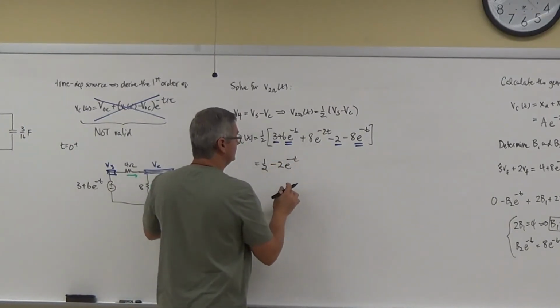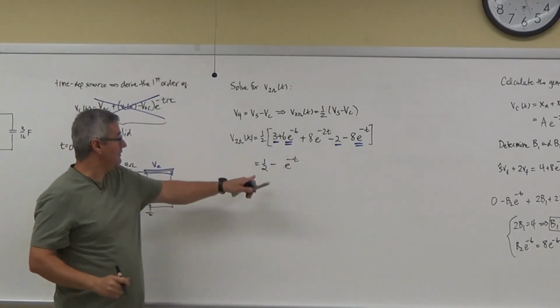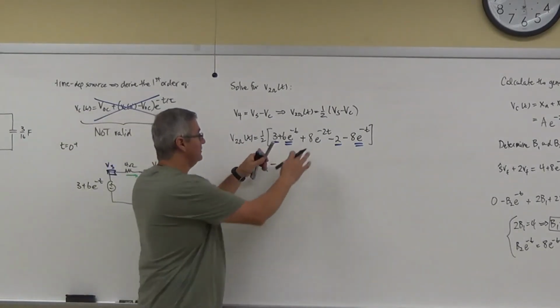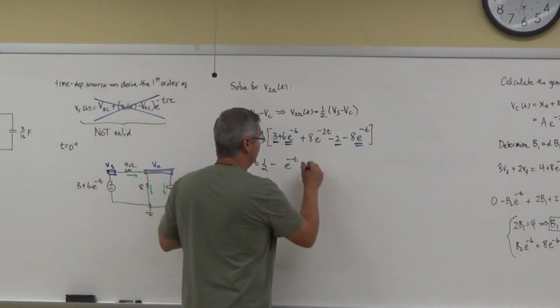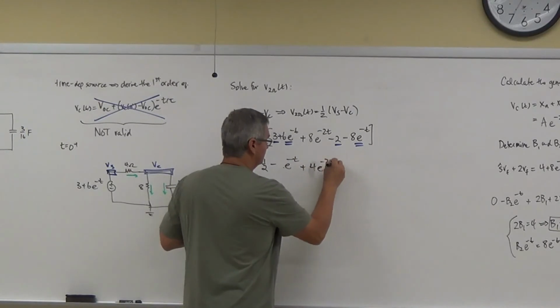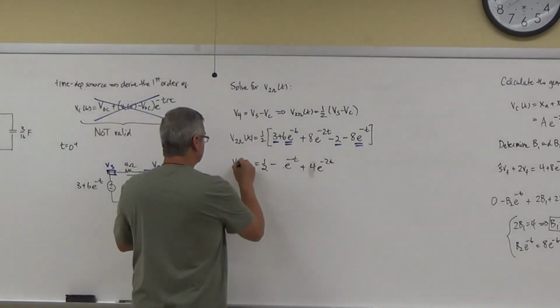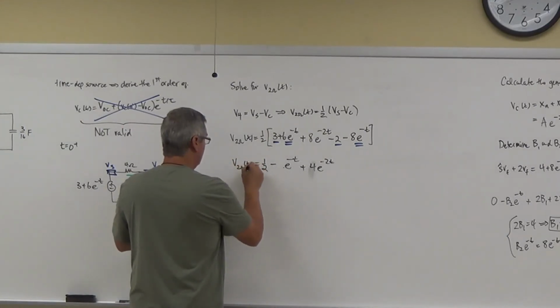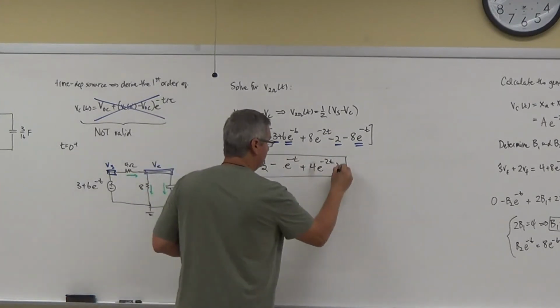Oops, I got to divide by 2 though. Then I divide by 2, and this guy divided by 2 gives me plus 4 e to the minus 2t. So then this is the voltage of the 2 ohm for t greater than 0 in units of volts.